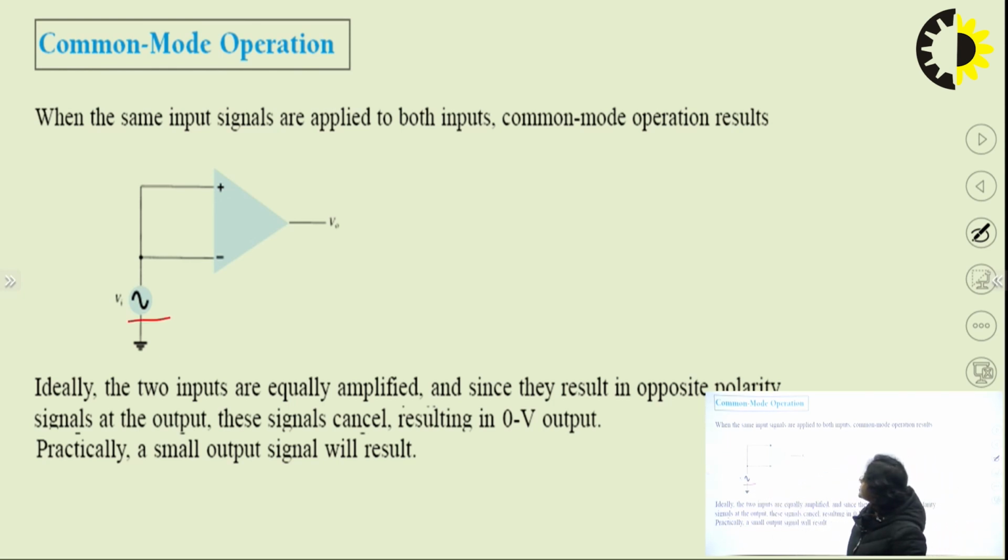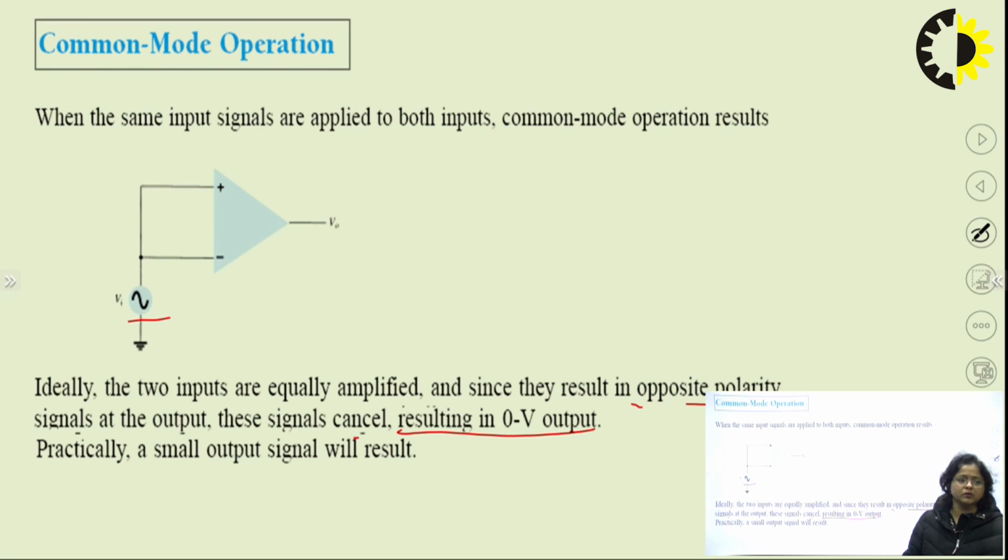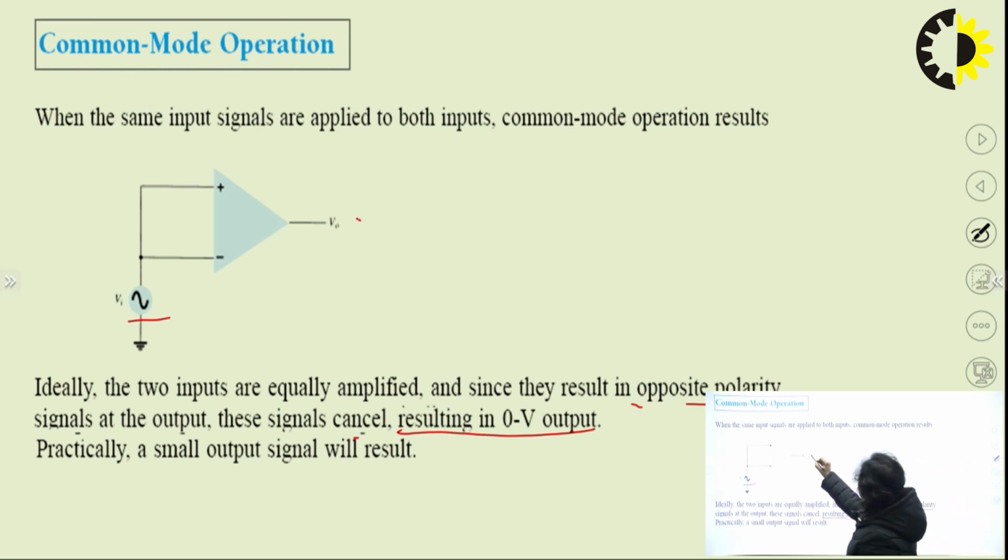And as we can say, the two inputs are equally amplified and the outputs are in opposite polarity. So ideally it results in 0 volt because V0 equals gain multiplied by V1 minus V2.